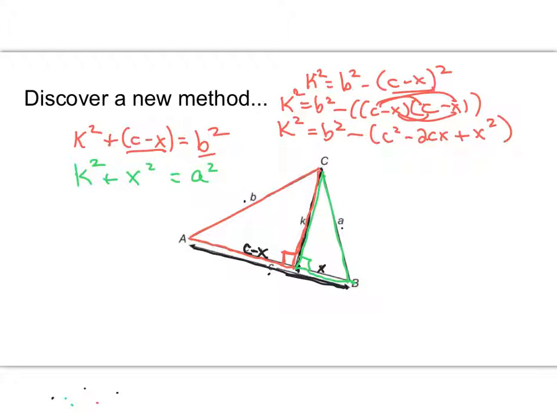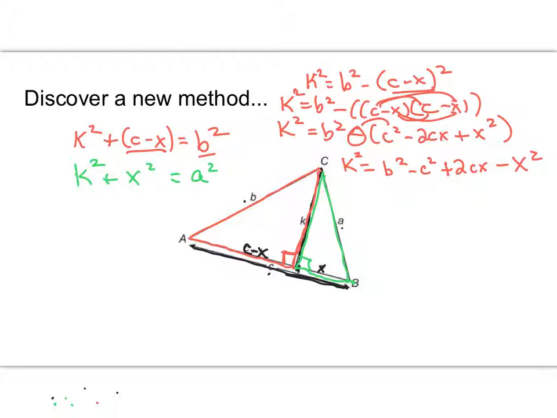Okay, and then I'm going to distribute this negative sign to the other terms in the parentheses. So that's going to be minus c squared plus 2cx minus x squared. Keep forgetting to write those squares.